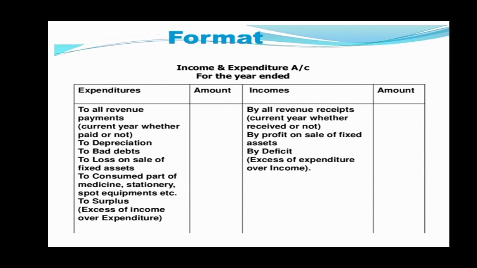By all revenue receipts, all the revenue income will show on the credit side of the income and expenditure account of the current year. We must keep in mind, all current year only. By profit on sale of fixed assets and the difference by deficit. Other income related to the current year, if of revenue nature, we must show in the income and expenditure account, like donation, entrance fees, profit on sale of fixed assets, etc.